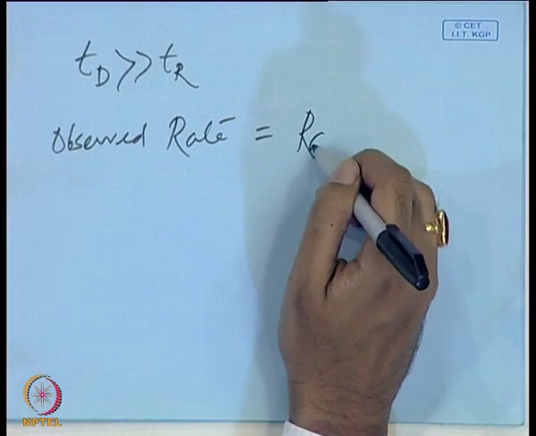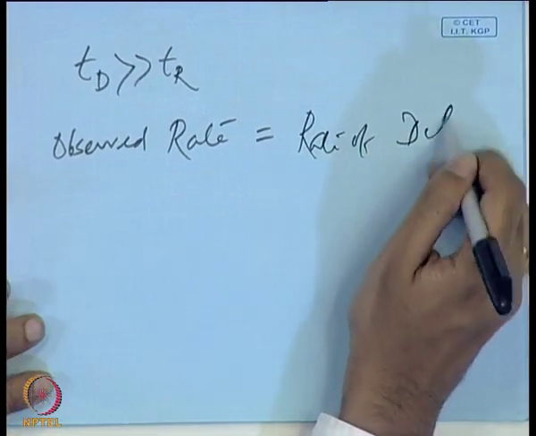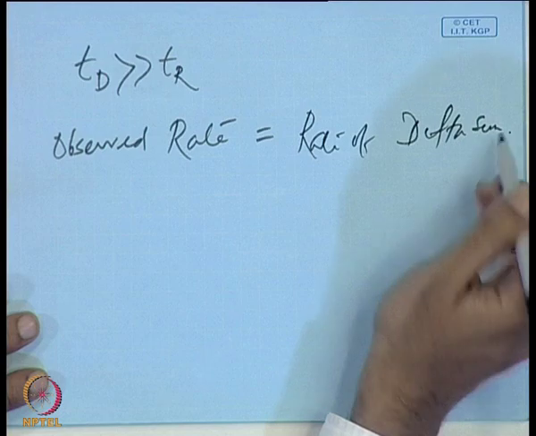First case, what was the rate limiting step? Reaction was the rate limiting step. So, in the other asymptote, what is it now? There are two things, diffusion and reaction. If diffusion is much slower than reaction, then what is the rate limiting step? Of course, diffusion is the rate limiting step. So, the observed rate would be equal to the rate of diffusion in this case. Okay.